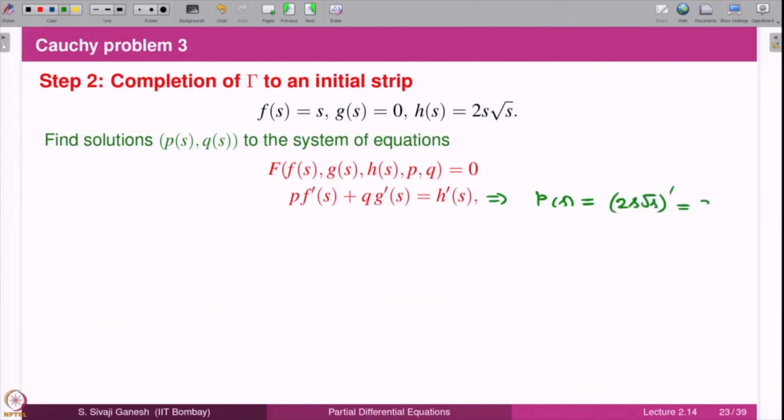And that you can see is actually 3 root s, 3 root s. Now, what is q? By our equation p cube minus q is 0. That implies that q is equal to p cube, that is 3 root s whole cube.